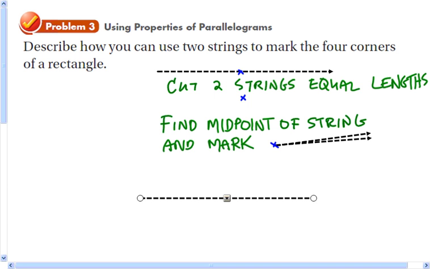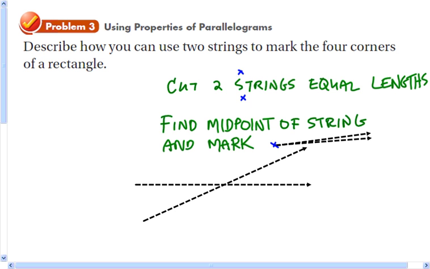I put one of the strings like this, so I'm not changing the length, and then I take the other string like this, and I make sure that they intersect at the midpoints.